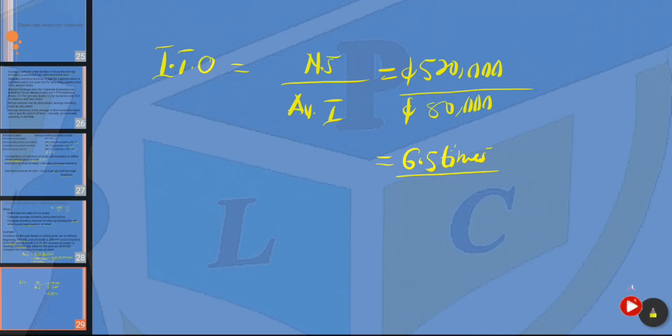So this means that the number of times you can convert our average inventory of 80,000 into sales, which is 520,000, is 6.5 times.